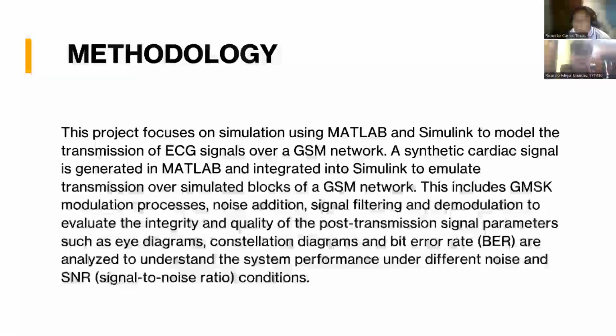This includes the GMSK modulation process, noise addition, signal filtering, and demodulation to evaluate the integrity and quality of the signal post-transmission. Signal parameters such as eye diagrams, constellation diagrams, and bit error rate or BER are analyzed to understand the system performance under different noise and signal to noise ratio conditions.